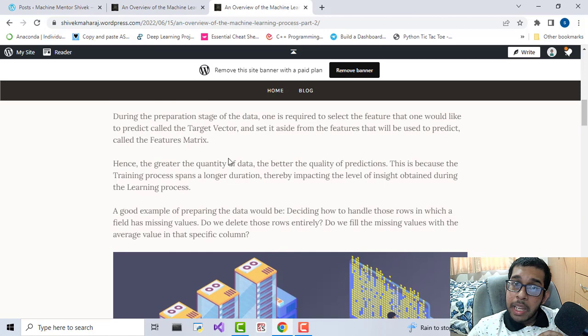Because what I feed into my algorithm in this data preparation session is going to determine how my model performs for the rest of its lifetime. So if I invest a whole lot of time into perfecting this data, making sure that the data set I'm working with is completely clean and exactly how the algorithm requires it to be, then obviously I'm going to get a model of highest performance, okay?